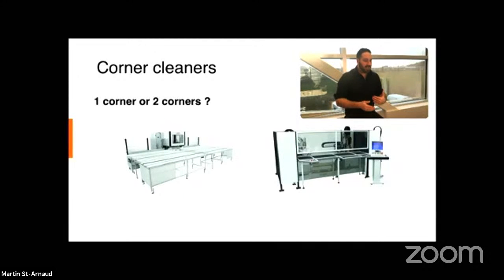The advantage that you're going to have towards twin head is that you can now have some manufacturing done on those corner cleaners. So if you're dedicating a corner cleaner to hung and slider sash, you're going to be able to do pivot locations, tilt latch routing, night latch.